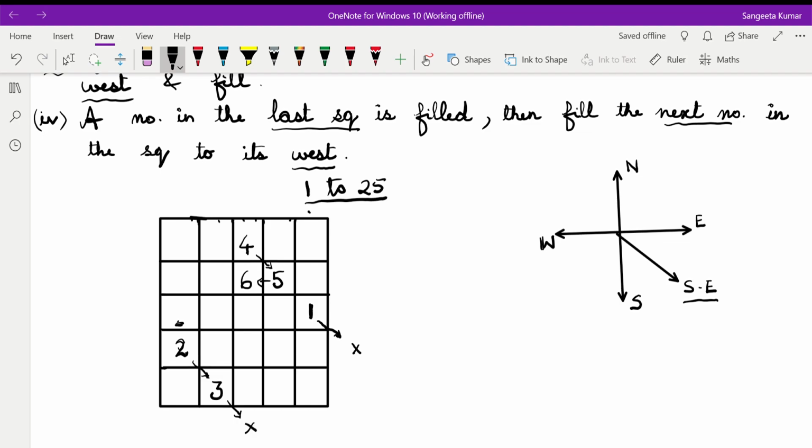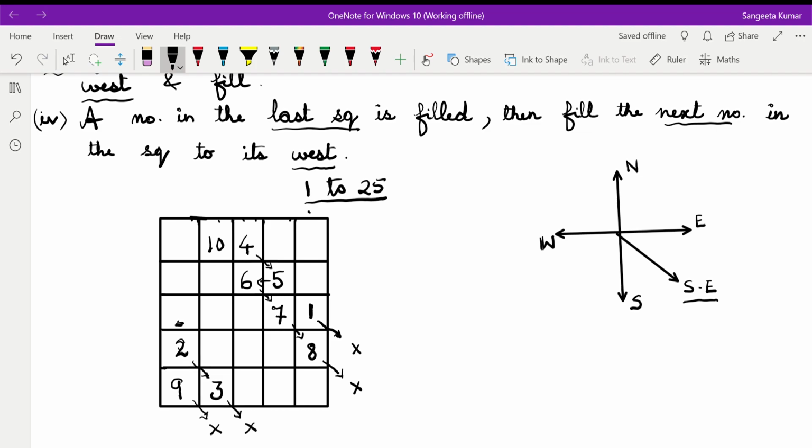Again the 7th will be in the southeast direction, 8 will be in the southeast direction. Now again from 8, when we go outside the grid, just the opposite will be occupied by 9. Again in the southeast direction we came, we cannot fill, just opposite we went, we fill 10.